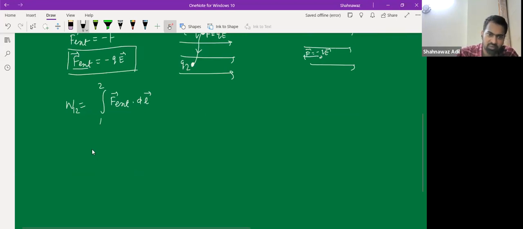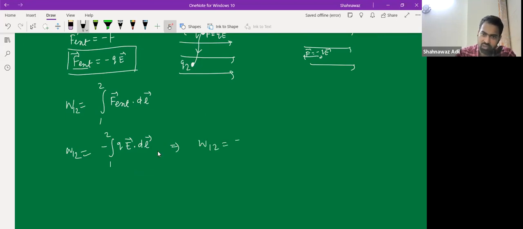What is the value of this F external? This is integral 1 to 2 of minus QE dot DL, right? So this is equal to, since Q is constant, I can take it outside, and this would be minus Q integral 1 to 2 of E dot DL.